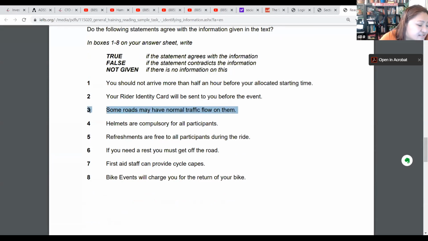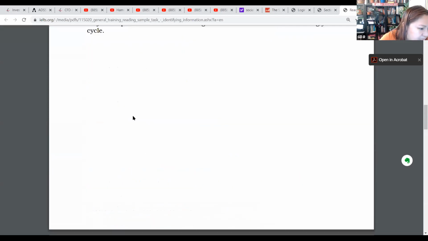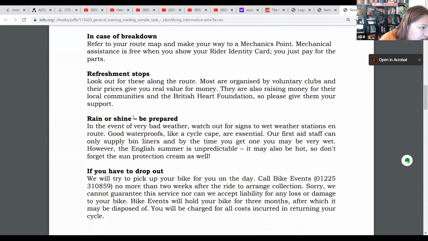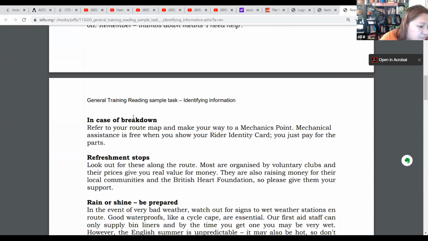So again, you have to look in the passage for anything that speaks about traffic flow, if it's normal traffic. So number 3, let's go back. The problem with this kind of exam is you don't get to look for the questions.